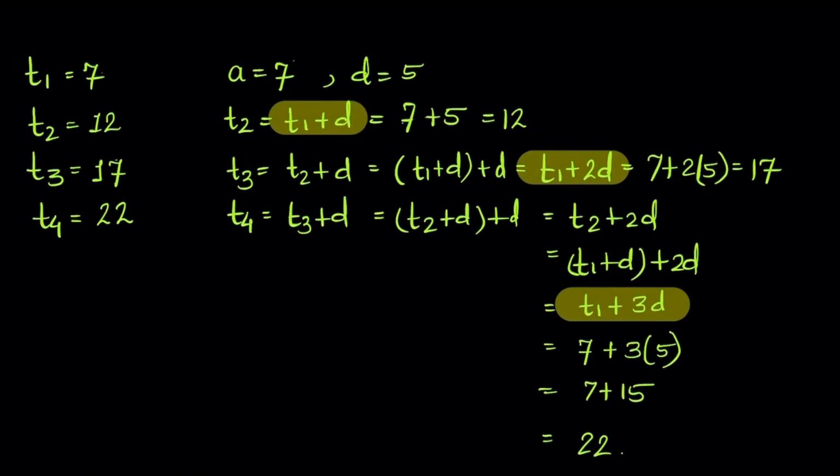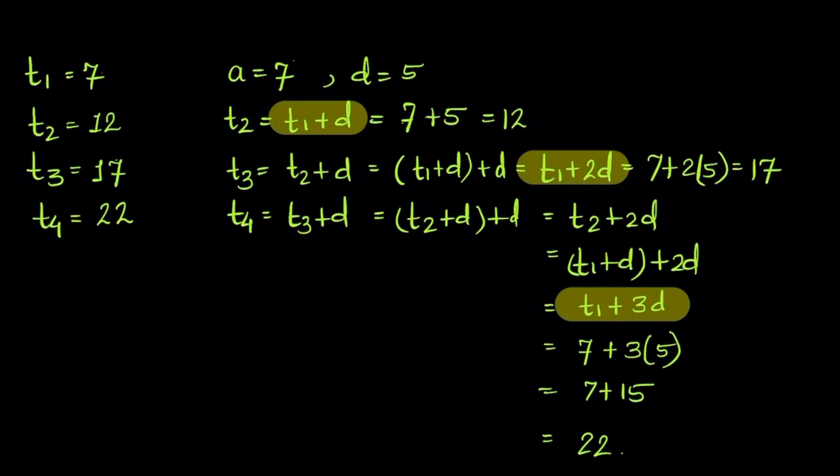Okay, so here is the logic behind the nth term of an AP. Here you can see the first term T1 is 7, T2 is T1 plus D, T3 is T1 plus 2D, and T4 is T1 plus 3D, right?